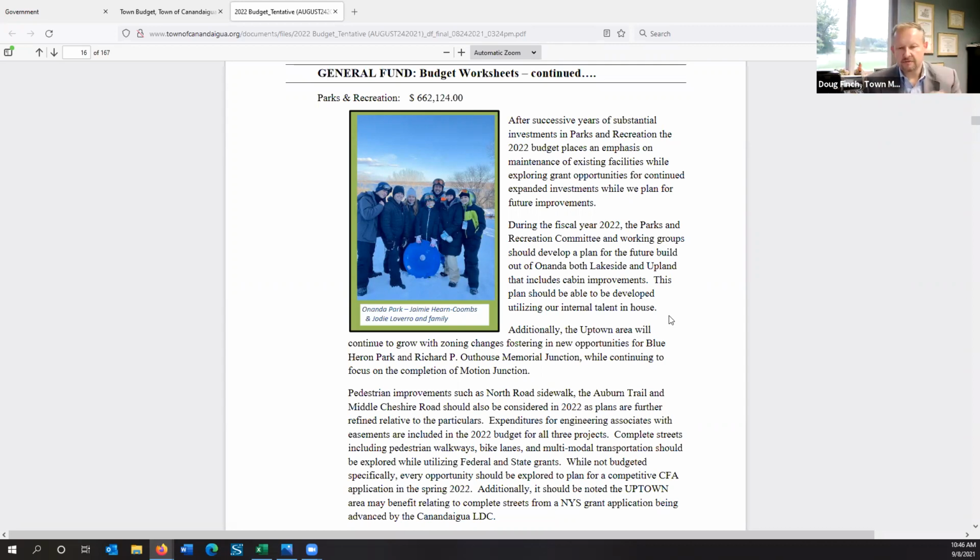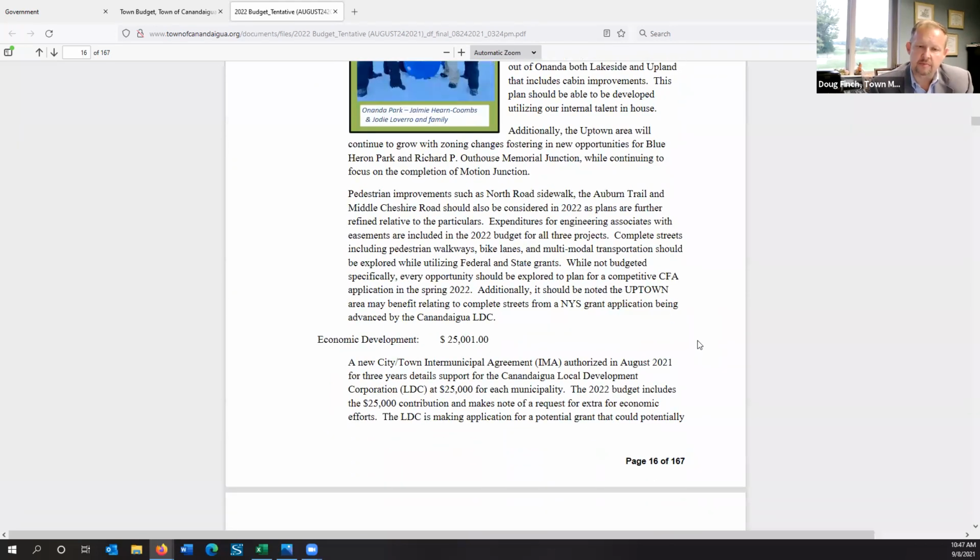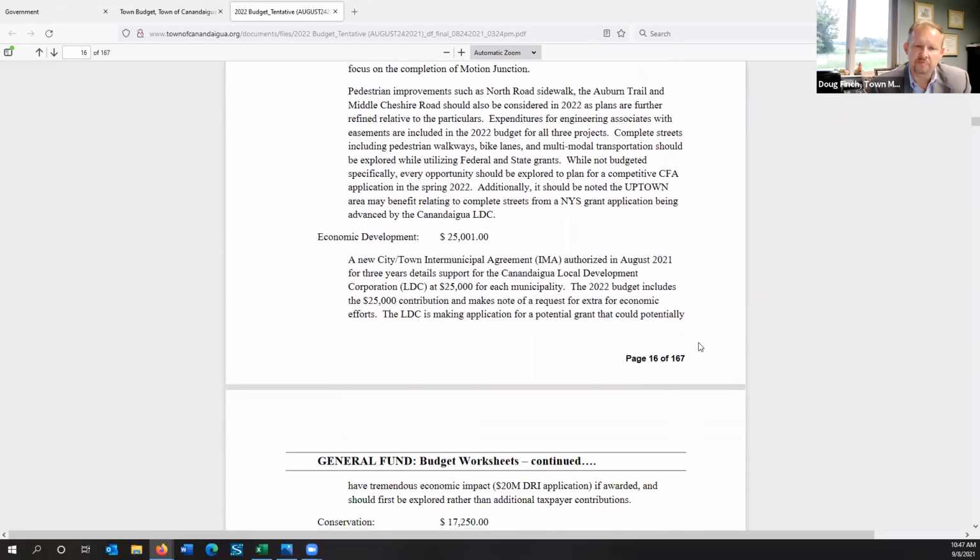Parks and Recreation for 2021 was slated to spend approximately $1.3 million, with a number of those dollars coming from the Parks and Rec Fund associated with new improvements for our Parks and Rec programs. This budget reduces that a little bit to $662,000, but also points out some improvements that we need to be looking at, where there's grant money that is available, and really exploring that.